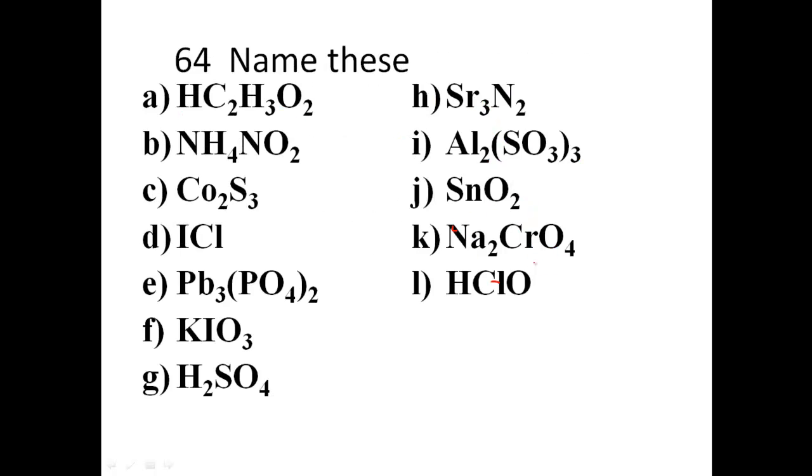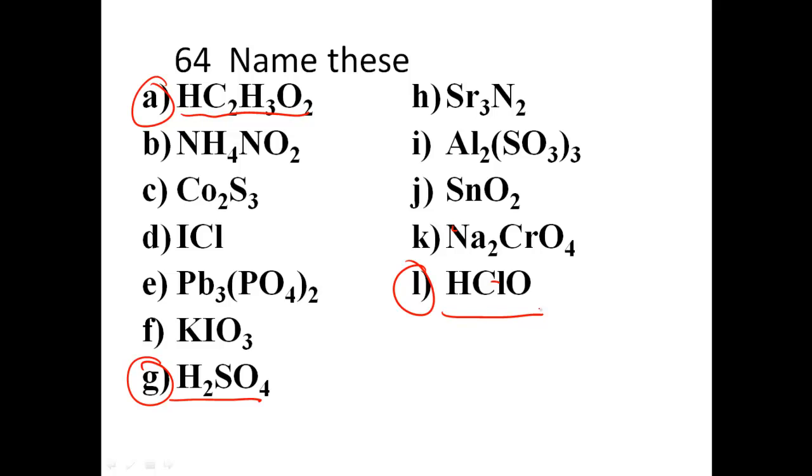Name these. As we're naming these, you're going to want to think about all the different naming protocols and systems we've looked at here. And we're going to start by looking at three of these. This one, and this one, and this one. Are there any more?